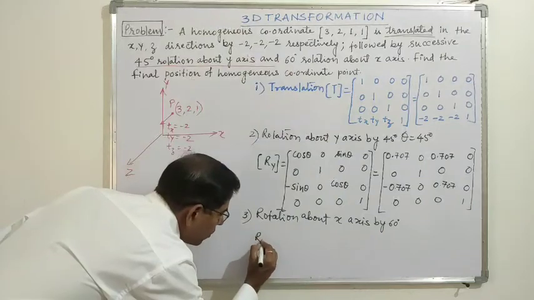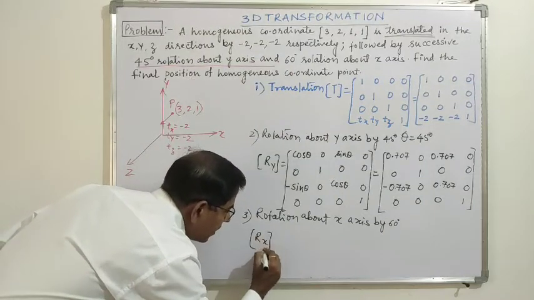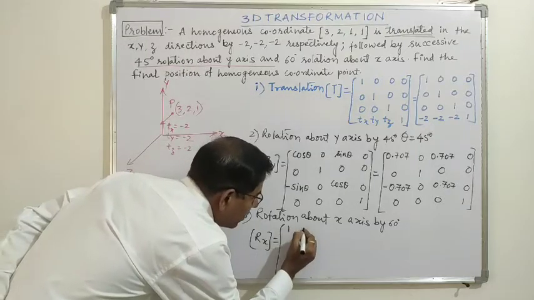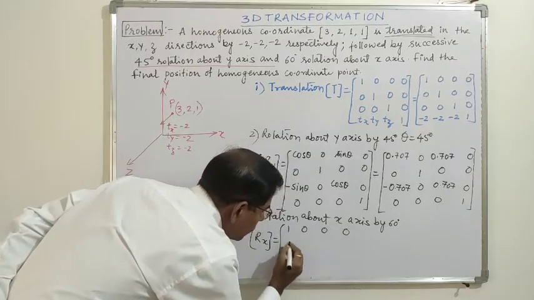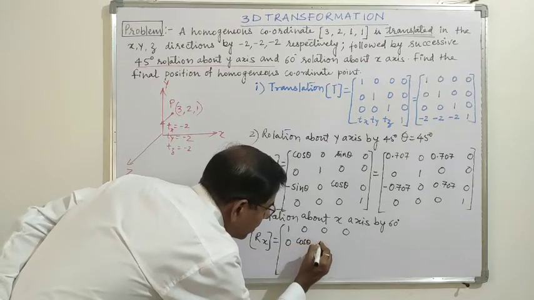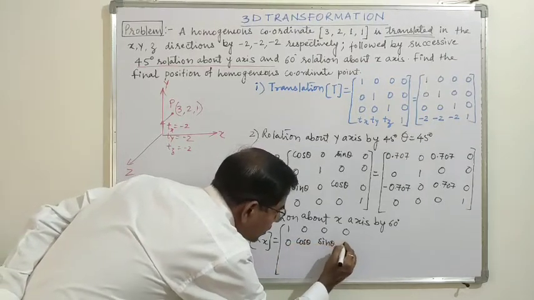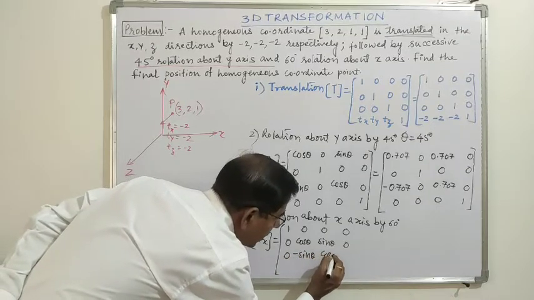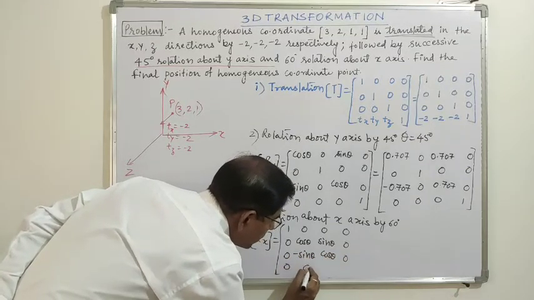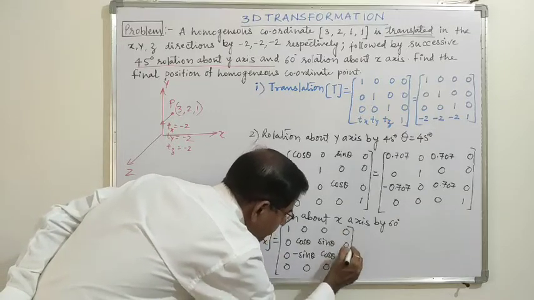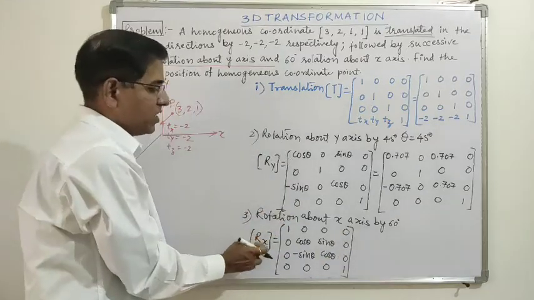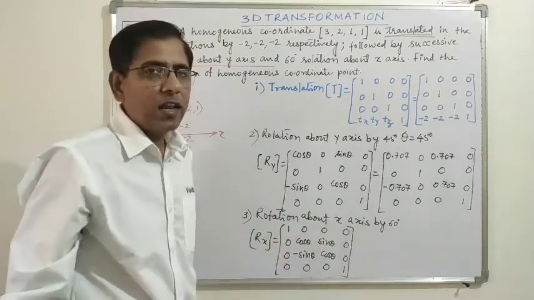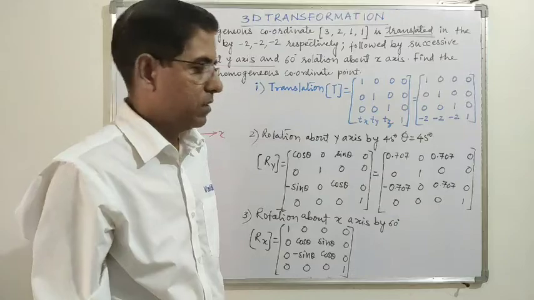So rotation about x-axis is written as 1 0 0 0, 0 cos theta sin theta 0, 0 minus sin theta cos theta 0, 0 0 0 1. So rotation about x-axis means the sin theta cos theta values will be at y and z places.